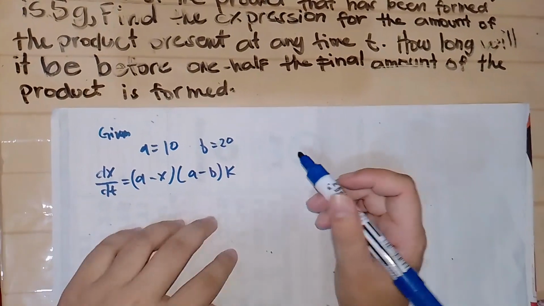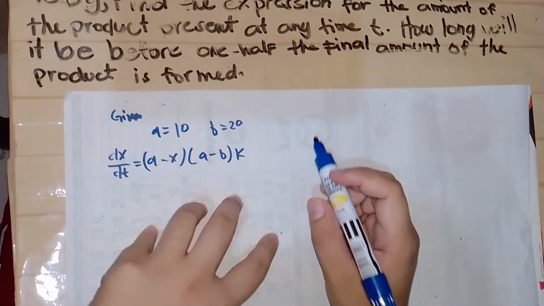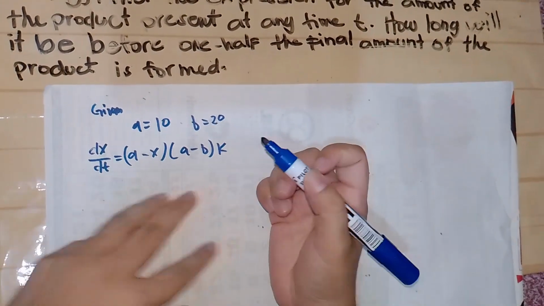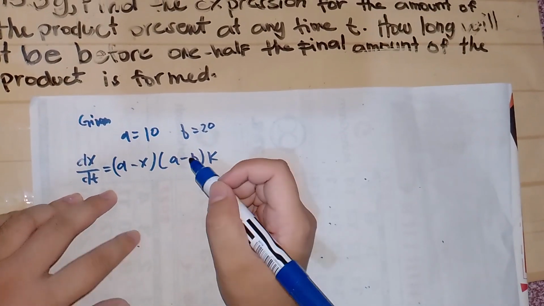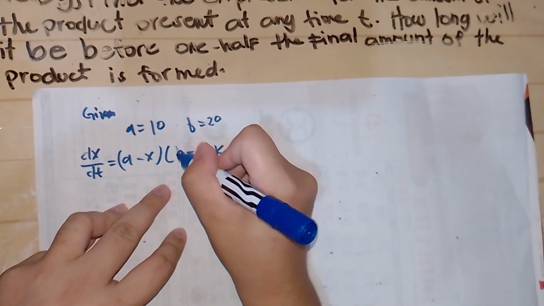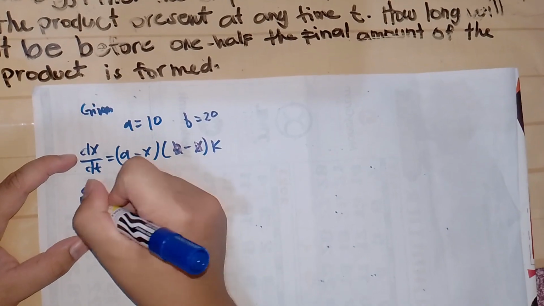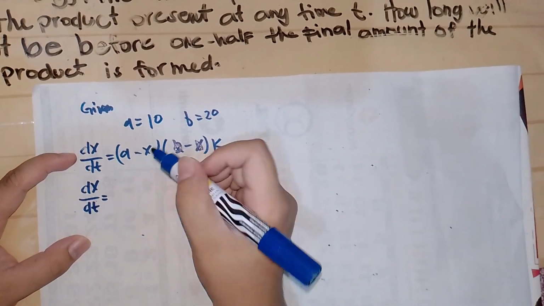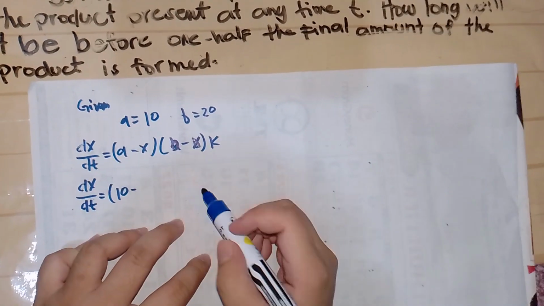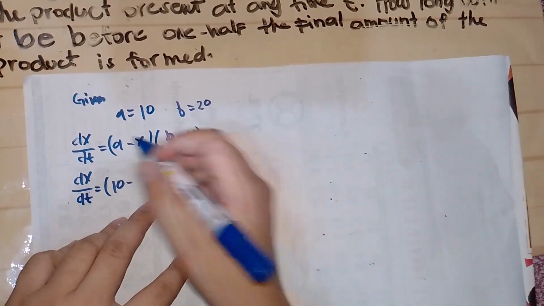So since the said problem has a concern for chemical conversion, we have to substitute the value of A and the value of B. So dx over dt, the value of A is 10, and how much is added to the 10 to form the resulting product x?